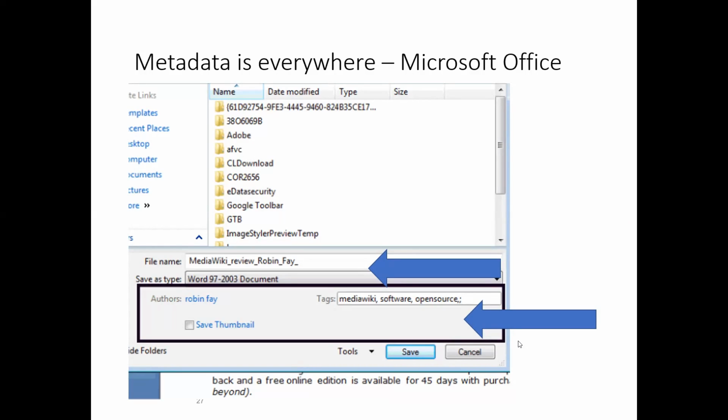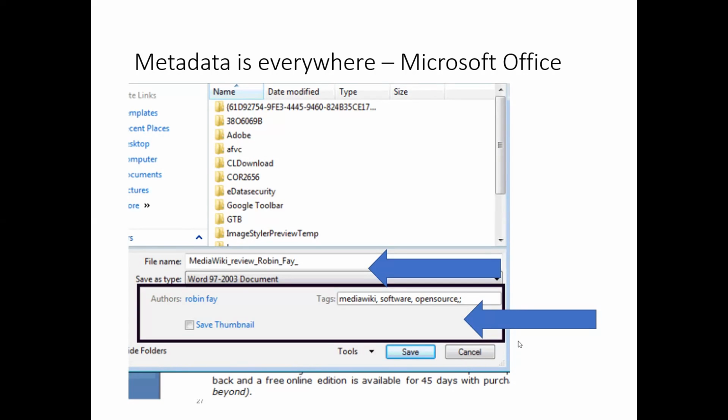We'd say what kind of file it was. And then we can put some tags in, which is some descriptive metadata. So metadata is kind of everywhere, and if you take a look, you see things that say like tags or file name, description. Even Facebook has metadata when we are working with images, right?